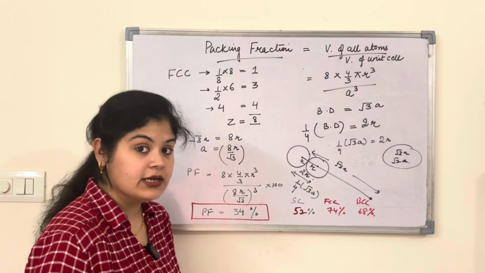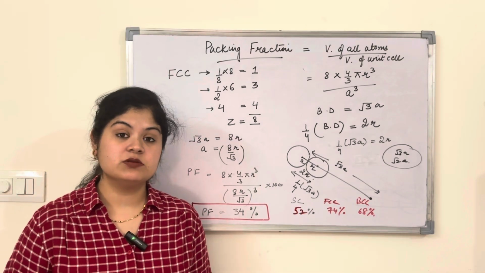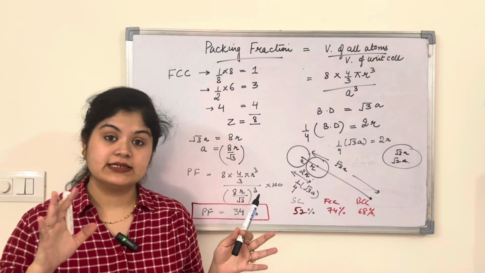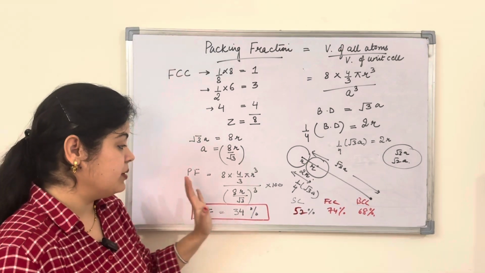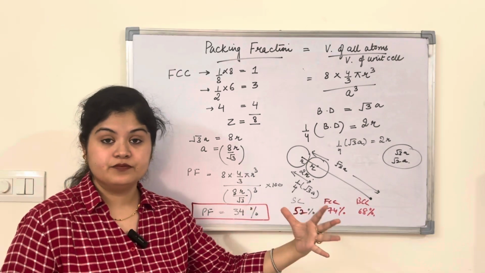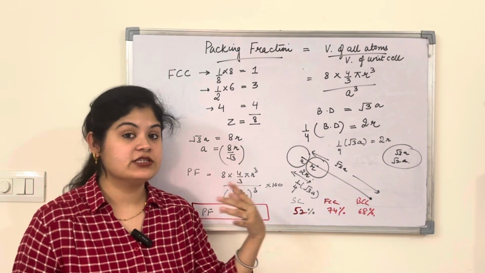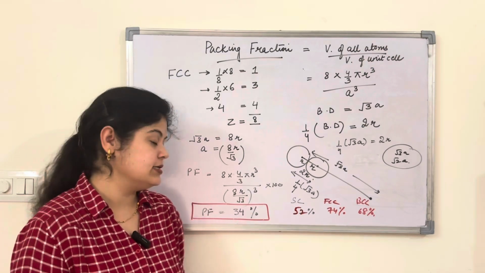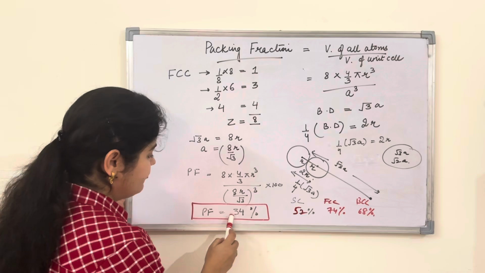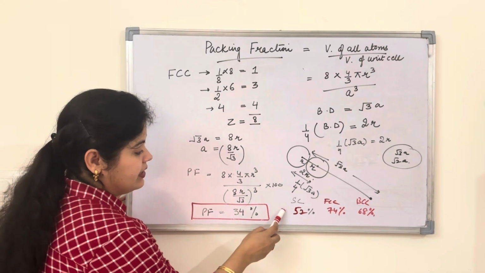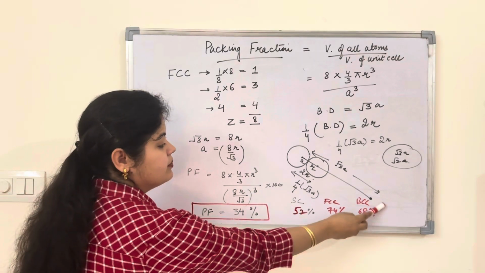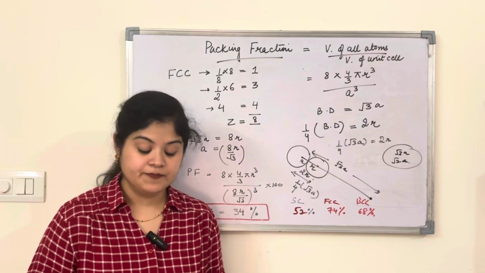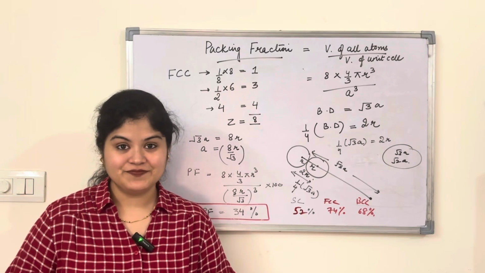This is important. It is asked many times in exams, which cubic structure has the least packing fraction, or you can be given some data and asked to arrange these packing fractions in ascending or descending order. So the least is diamond, then comes simple cubic, then body centered cubic, and maximum packing fraction is for face centered cubic structure.